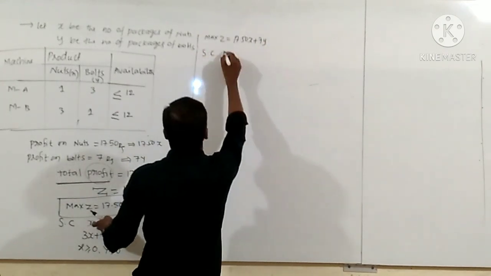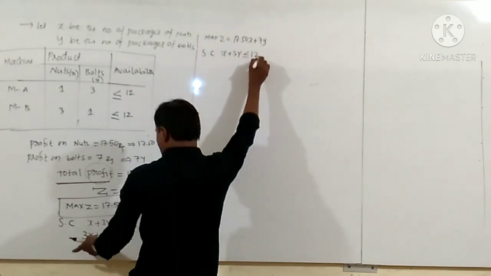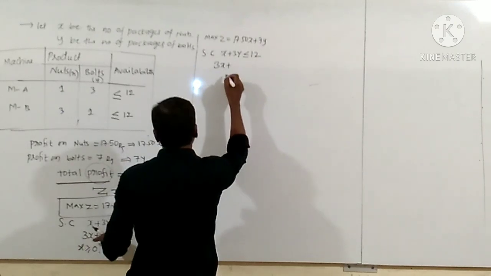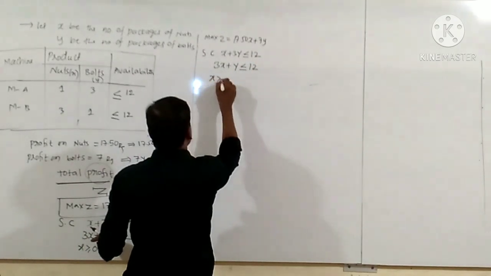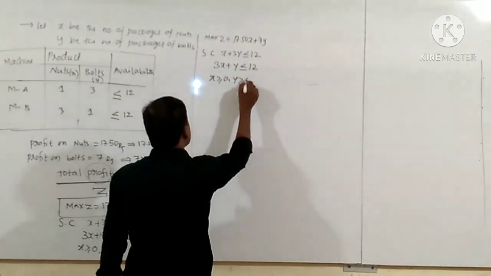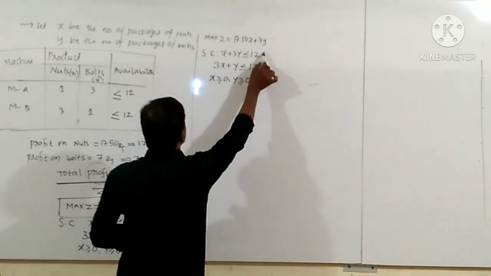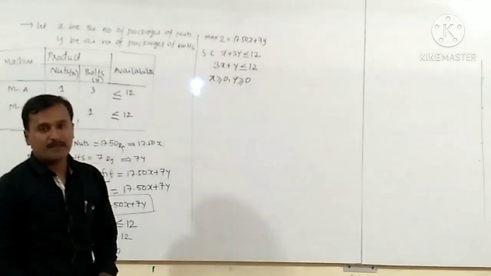What are those conditions? x plus 3y which is less than or equal to 12, 3x plus y which is less than or equal to 12, and x is more than or equal to 0, y is more than or equal to 0, right? So you already know how to solve this by using the graph.